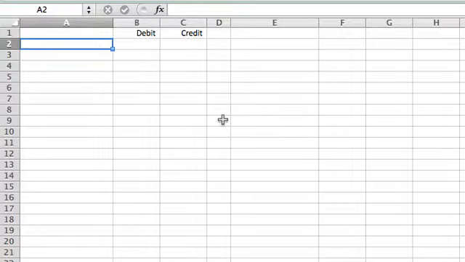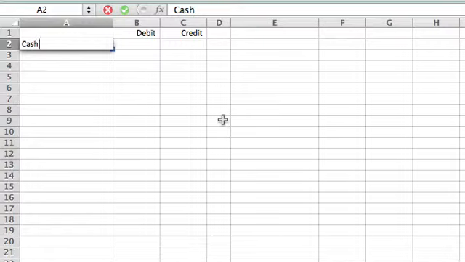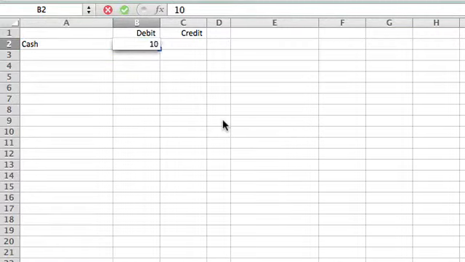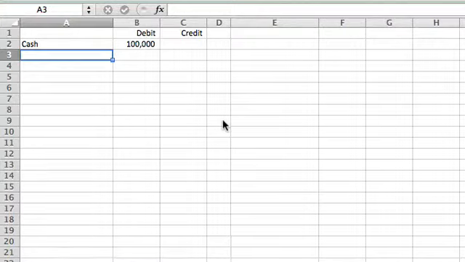So let's take the first thing, cash. We know cash is an asset. So to increase an asset, we debit it. So there's our $100,000 in cash. Now the opposite side of that was that equity went up in the form of capital, in the form of common stock.